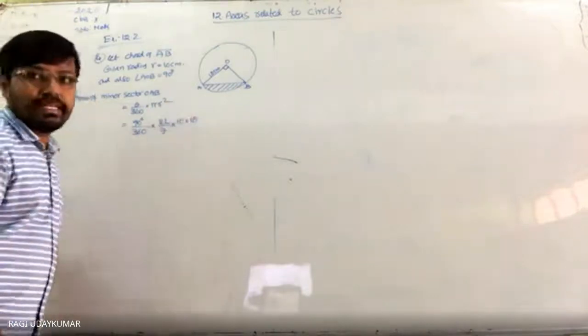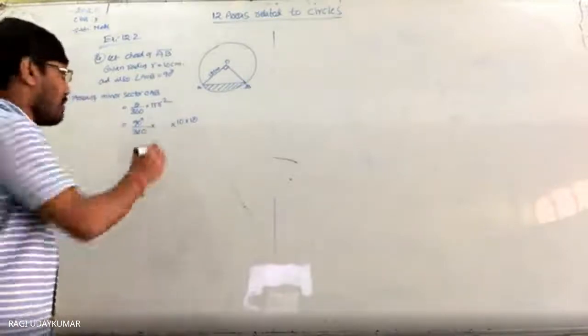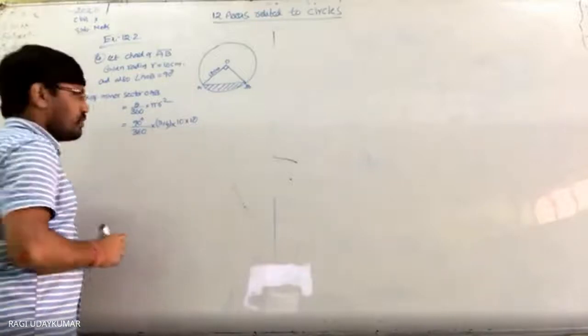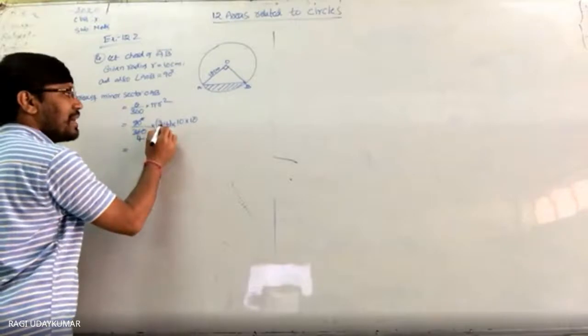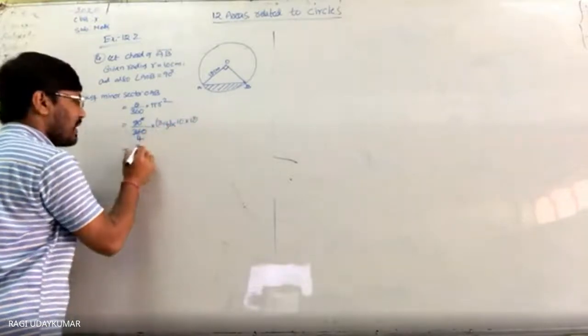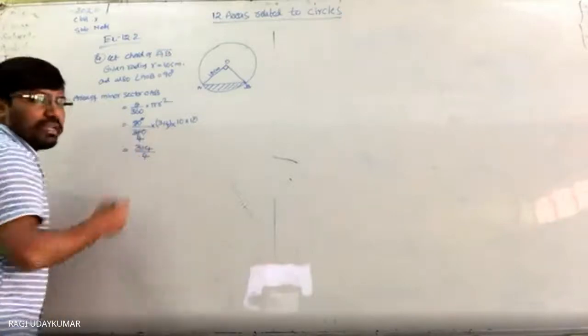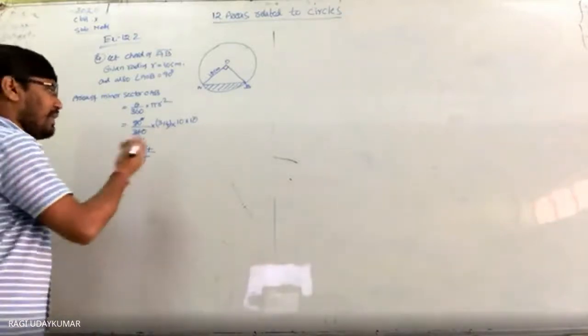But be careful that in this question, the pi value is given to take as 3.14. So you are going to get 3.14 into 100, which becomes 314, by 4. 314 by 4. You can express it in decimals if you want.